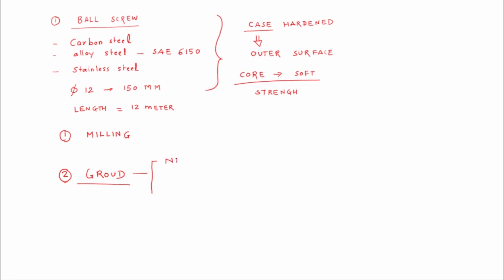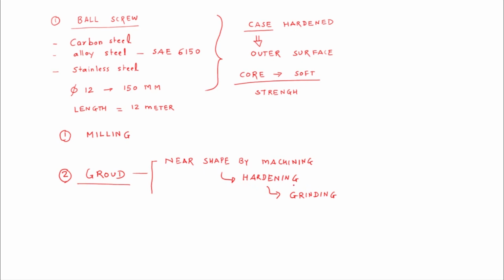So the near shape would be done by machining, and then we are carrying out the hardening operation. After getting the near shape, we carry out the hardening operation, and then we go for the grinding. The grinding will take the raw shape into the final finished shape.